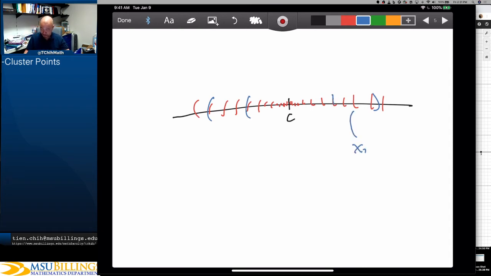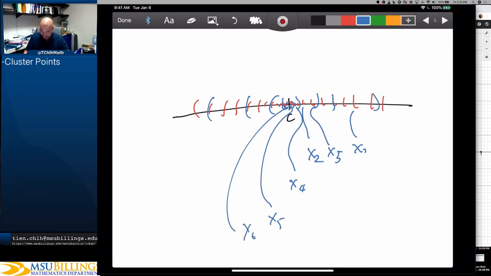Then I'm going to go in closer. There's more stuff in here. I'm going to pick one of these to be x2. Then we go in closer. I'm going to pick one of these to be x3. And so it's not necessarily monotonically getting closer and closer to C. But the point is, if I keep doing this, it's going to force how far away I could be. All of these points are now getting closer and closer to C, and in doing so, I'm building a sequence of stuff converging to C.